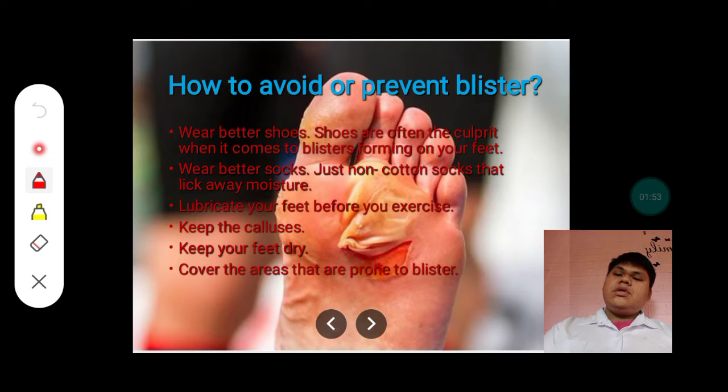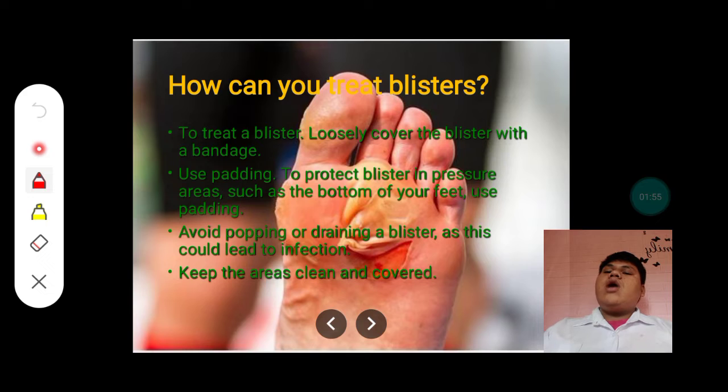Next, how can I treat blisters? Here is the treatment for blisters. Number 1, to treat a blister, loosely cover it with a bandage. Number 2, use padding to protect blisters in pressure areas such as the bottom of your feet.